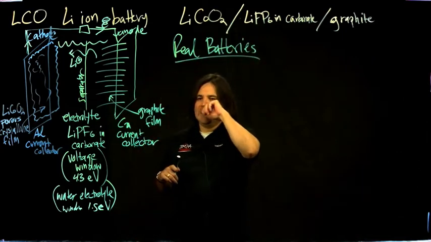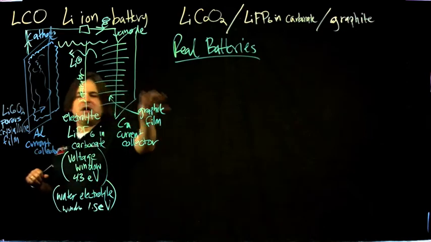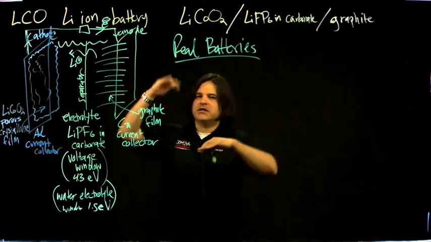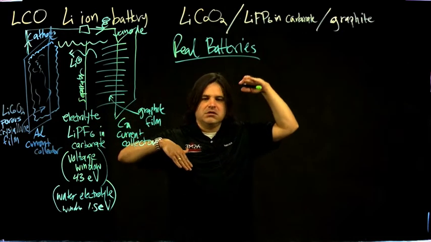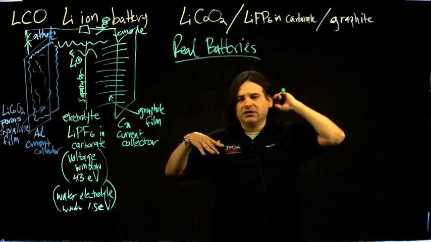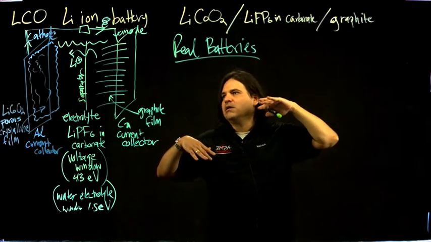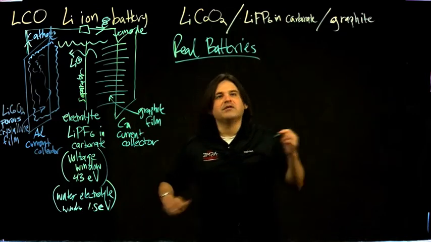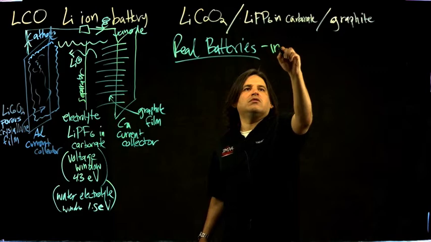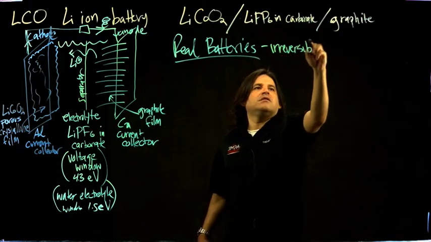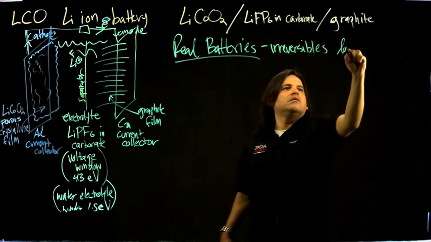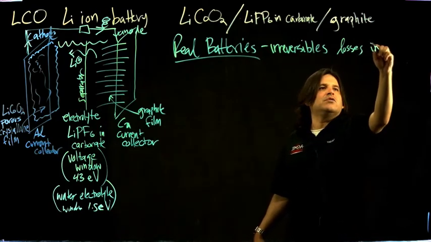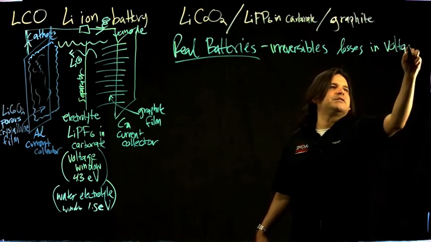Because ideally, this graphite, lithium cobalt oxide, anode and cathode combination can give you a certain energy level and an open circuit voltage just based on the materials you are using. That voltage can be used in the circuit. The higher the voltage, the better. But in real life, there are some irreversible losses, so you can't really achieve the theoretical limits. It's a loss in voltage that can happen for many reasons.